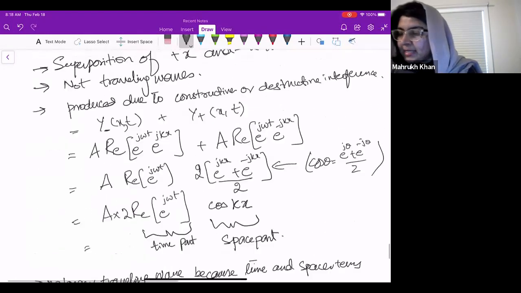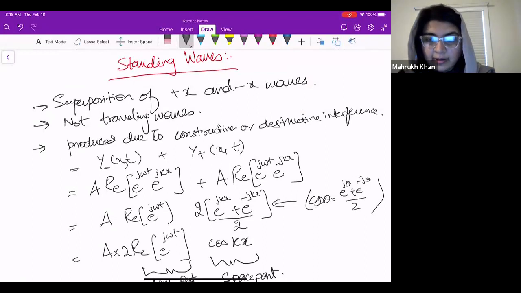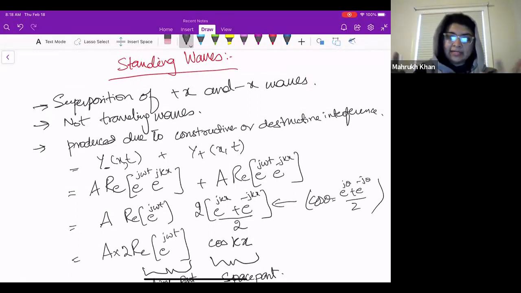So we talked about standing waves, we talked about traveling waves, but we talked about traveling waves in the lossless medium. In the lossless medium, we said that they will travel for infinite time, they will not attenuate and stuff.